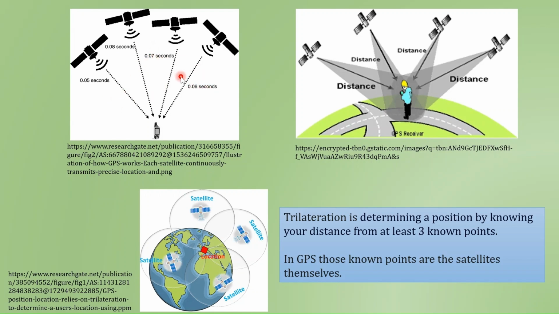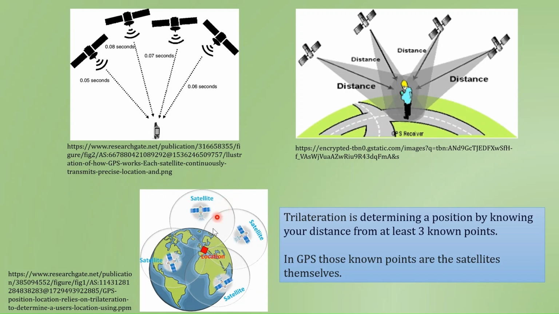On the basis of the time, the GPS receiver can calculate the distance of each of the satellites from it. So on the basis of a distance, we can consider a sphere having a radius of this much distance. So here we can see that for this GPS receiver, we have 4 spheres, for satellite 1, satellite 2, satellite 3 and satellite 4.